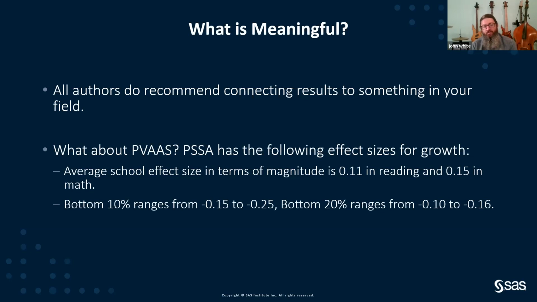the bottom 10% or the lowest 10% of schools on average were somewhere around negative 0.20. So that means that the 10th percentile in terms of this difference between observed and expected scores, aggregated to the school level, the bottom 10% experience an effect size of negative 0.20 or less. Same kind of thing on the top end.